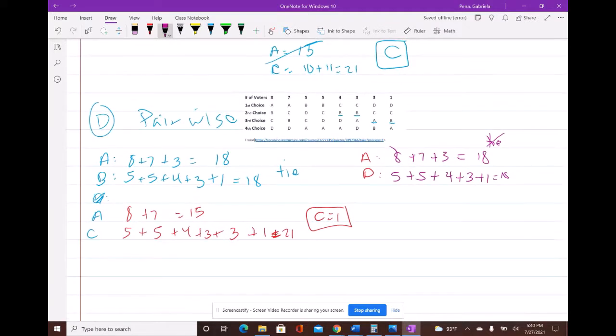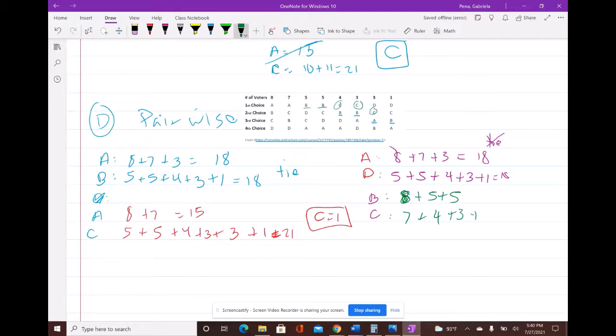And then I have B, C to do. B wins with 8. C wins here. B wins here. B wins here. C wins there. C wins here.